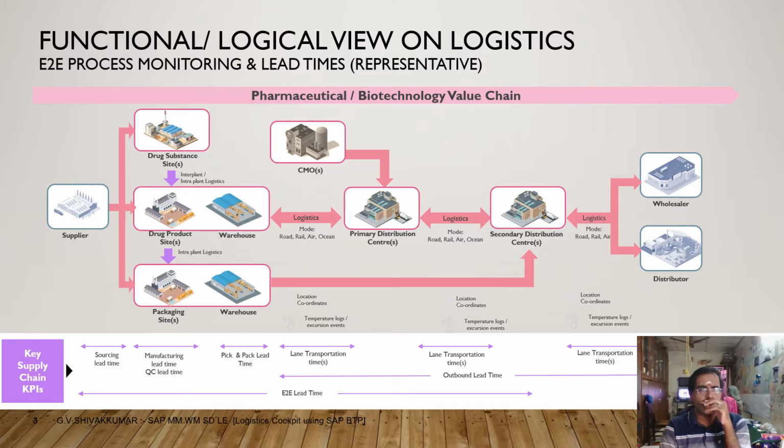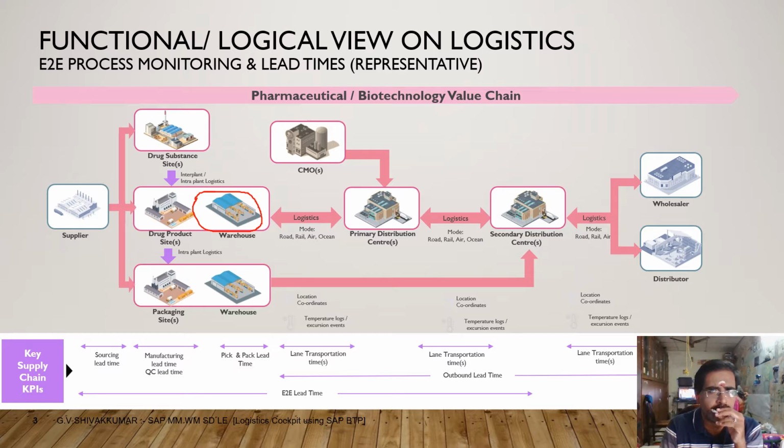Once the quality inspection has been released, those that passed quality inspection will be put away in the main warehouse, and based on the manufacturing requirement, based on the process order.